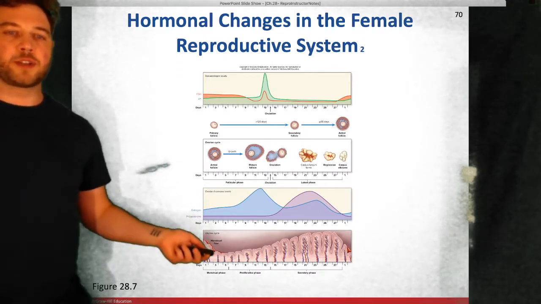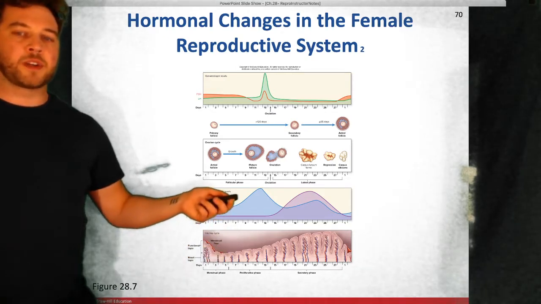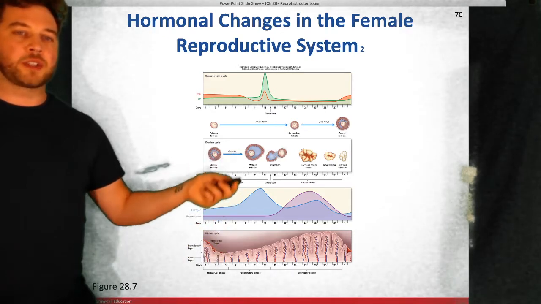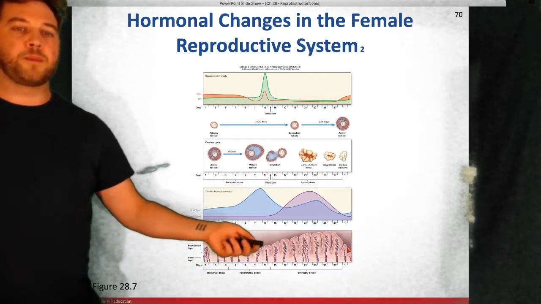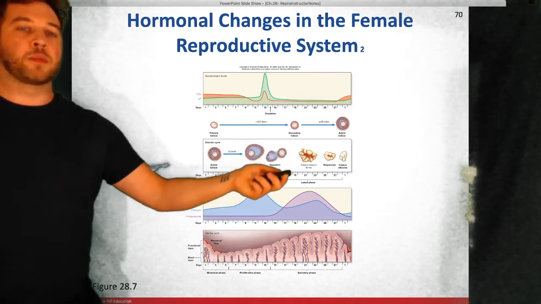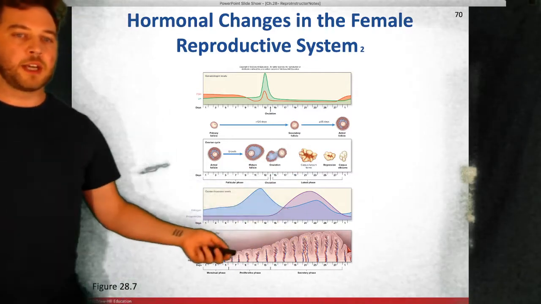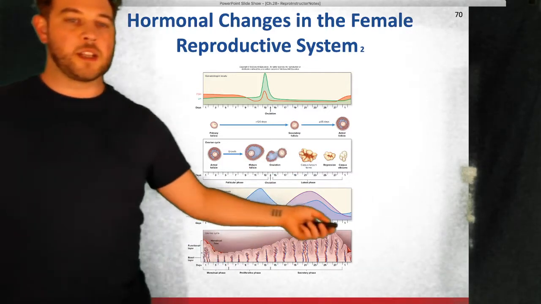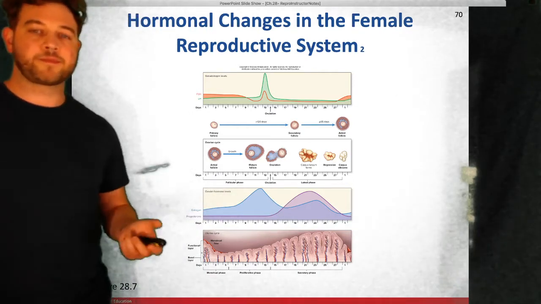So again, starting with the menstrual phase, your functional layer drops off. As your follicle and oocytes start to develop, they secrete more estrogen, which starts to build back up the functional layer. Then you have ovulation, and the corpus luteum starts to secrete progesterone, which kicks up uterine development before it slough off again if no fertilization occurs.